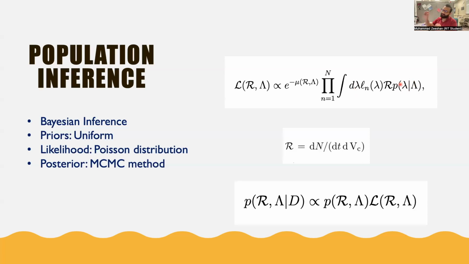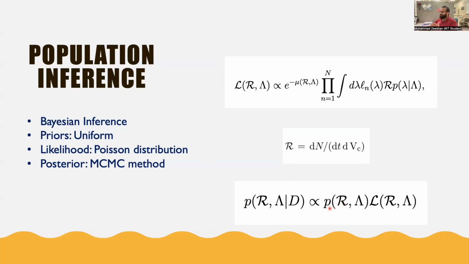Keep in mind, capital lambda are the parameters of the population, like m min, m max, and rate, etc. And small lambda are the parameters of the individual event, like m1, m2, a1, a2, and mu is the expected number of events. So we use this Poisson likelihood to compute our likelihood basically.